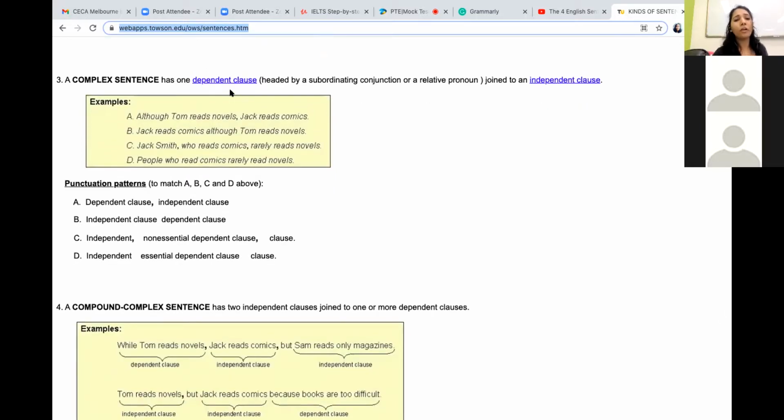So for you to write your complex sentence, there's one dependent clause. That means it can't stand alone. So if you look at this clause, although Tom reads novels, it cannot be your independent clause. So this is separated by a comma. So it always starts with a subordinating conjunction or a relative pronoun, or in other words, a linking device will be there.